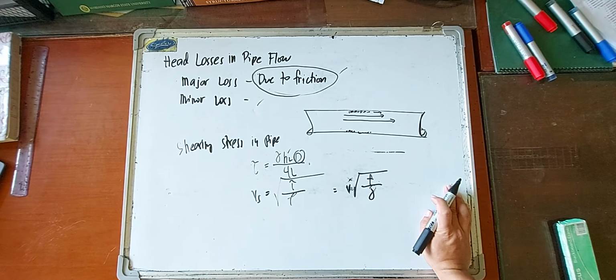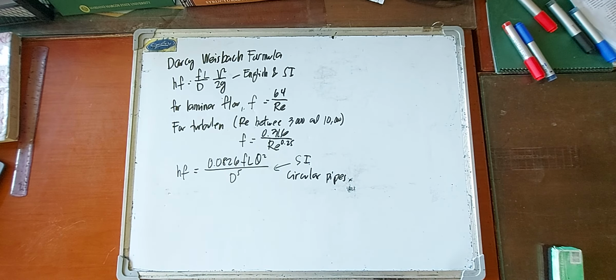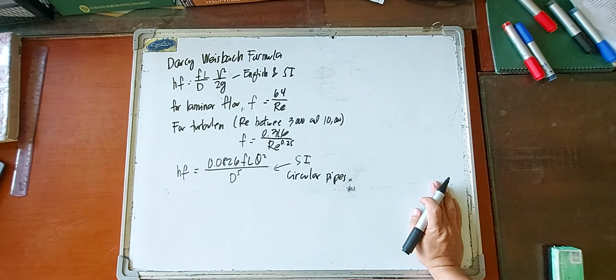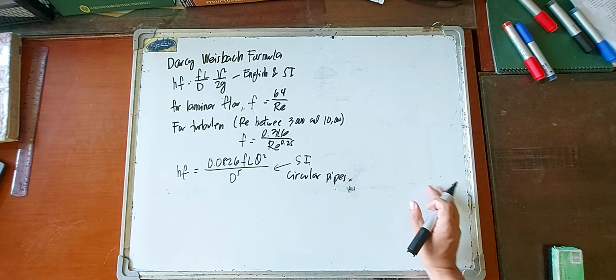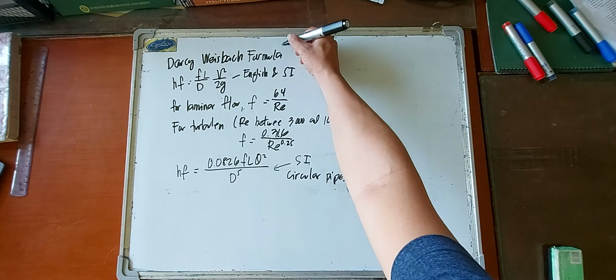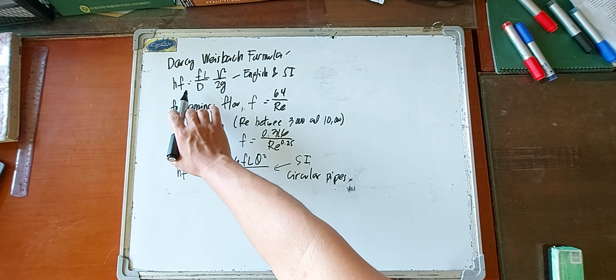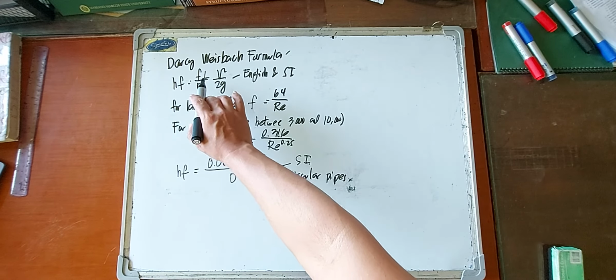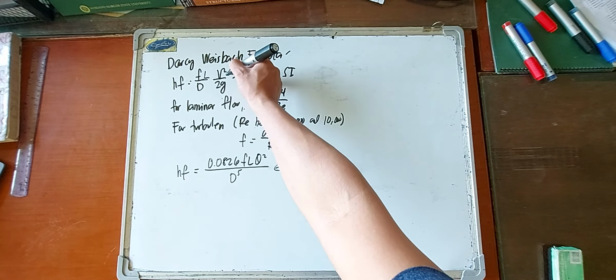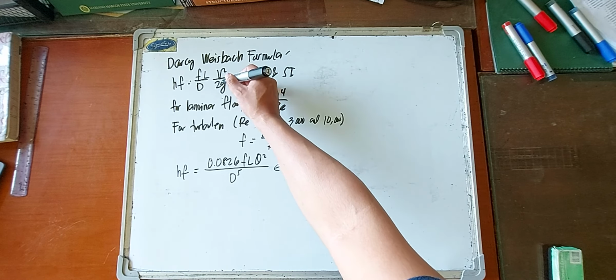So number 1 is the most popular. The first one is the Darcy-Weisbach formula. So the head loss, based on our initial discussion about the nature of the computation of head loss, head loss due to friction is equal to F L over D times V squared all over 2G.